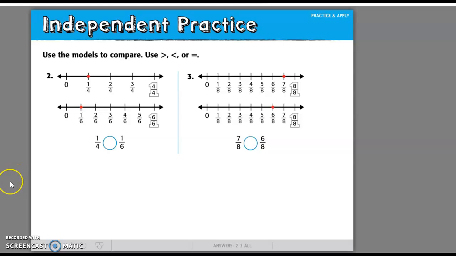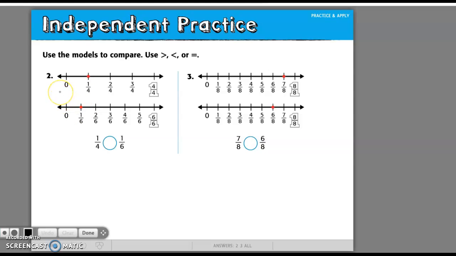Now, you're looking for that one that is closer to a whole. The one that's closer to a whole is the larger fraction. So if you're looking here, we have fourths, and there's a dot at 1/4. Fourths are larger pieces than sixths.